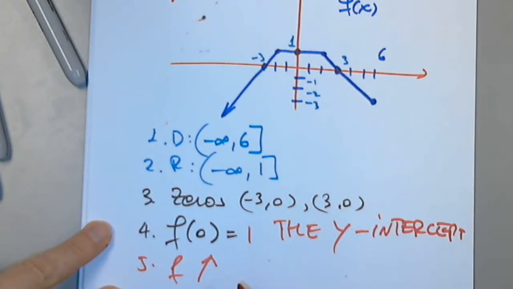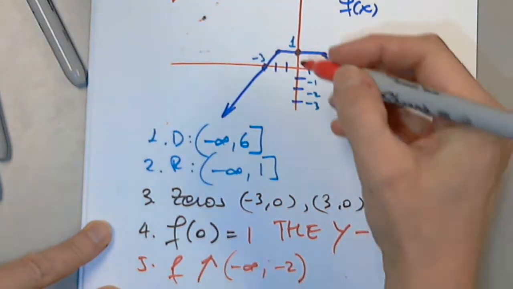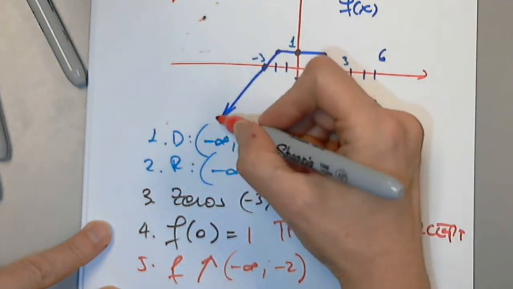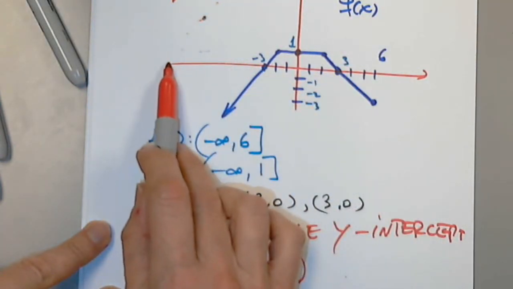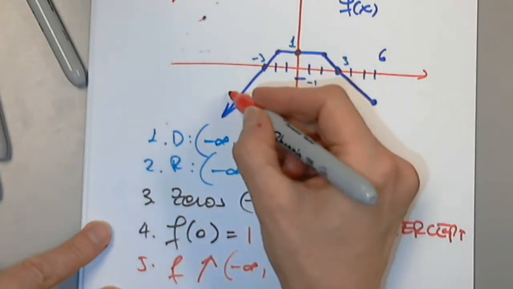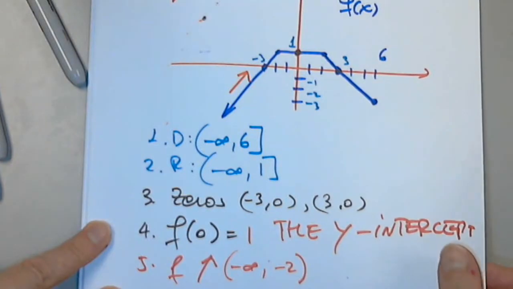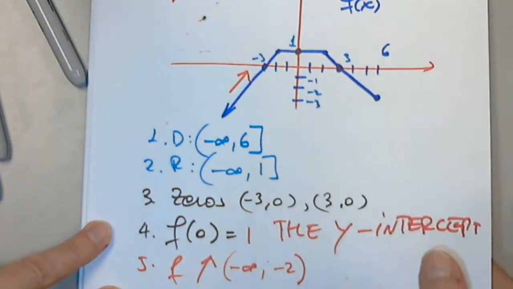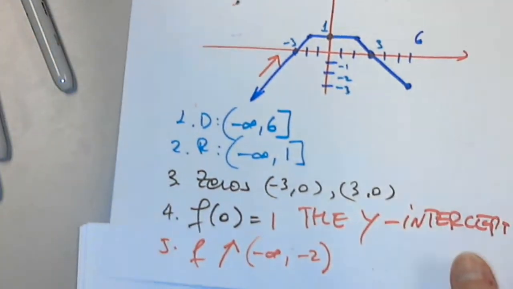From negative infinity till -2. Right here. So from x being negative infinity till -2, the function is increasing. Very good. We all see that? Perfect. Next.